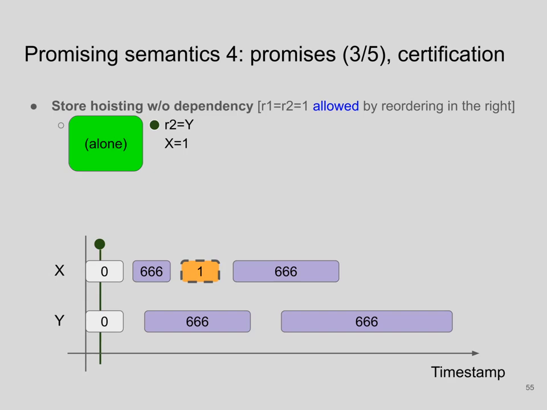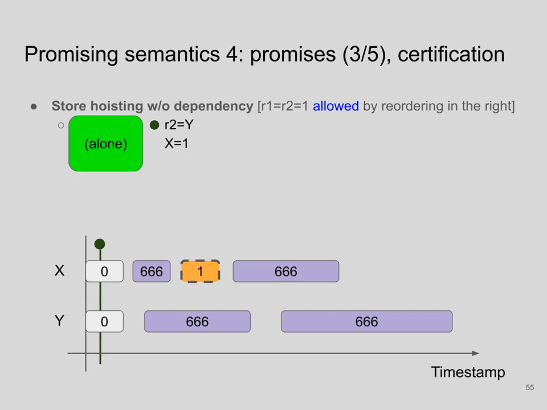In other words, from thread 2's point of view, thread 1 cannot do anything to help it promise to write x equals 1. The hoisting should happen from my own information. That's the reason I'm going to hide thread 1.